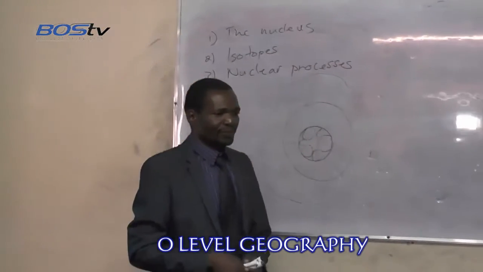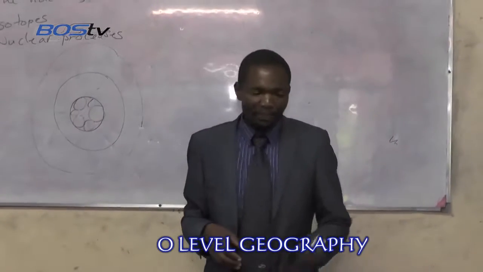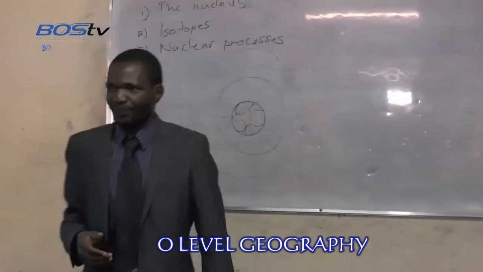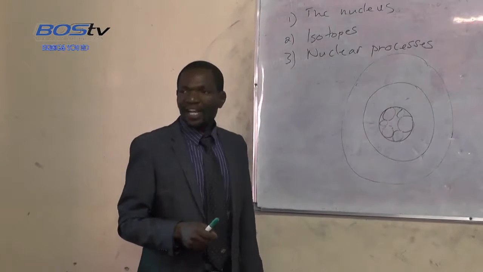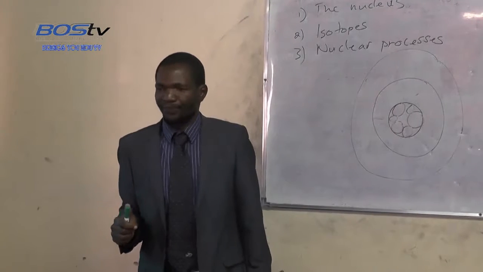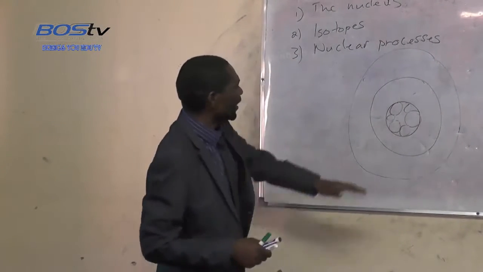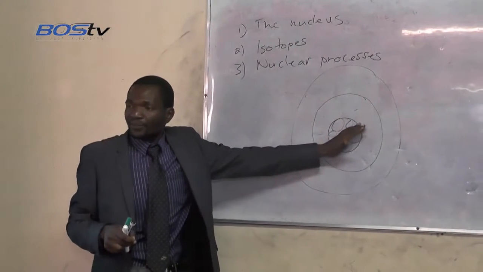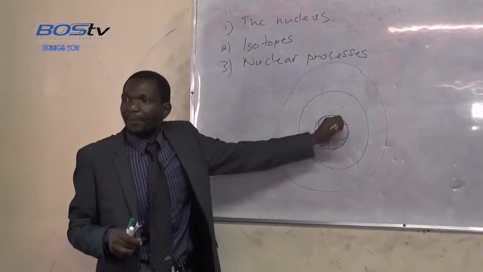Right. Then, into today's business, we want to look at what is known as mass excess and nuclear binding energy. When we look at mass excess, let's take an example. We said we find protons and neutrons inside the nucleus. They make up the nucleus.